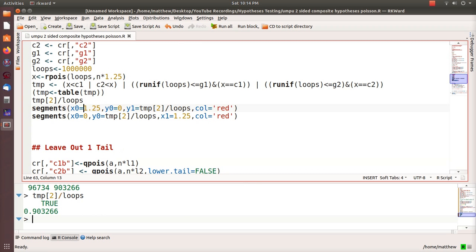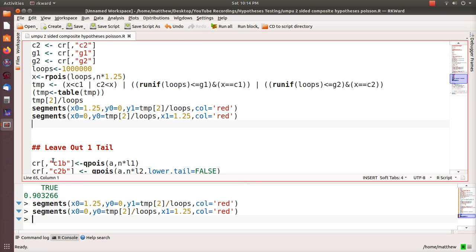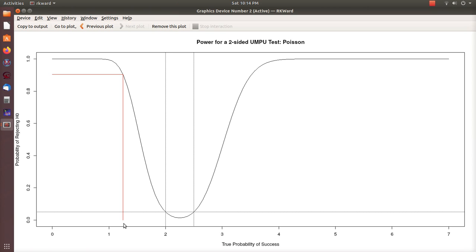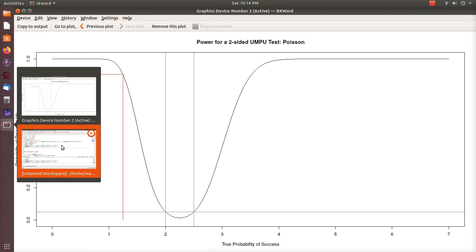So it's 90%. So let's look at these plotted on the power curve. We assumed the true lambda was 1.25, and we simulated a value of 90%. And look at that, it agrees with the theoretical power curve. Really close. And with the million reps, we're almost ensured that it does agree.